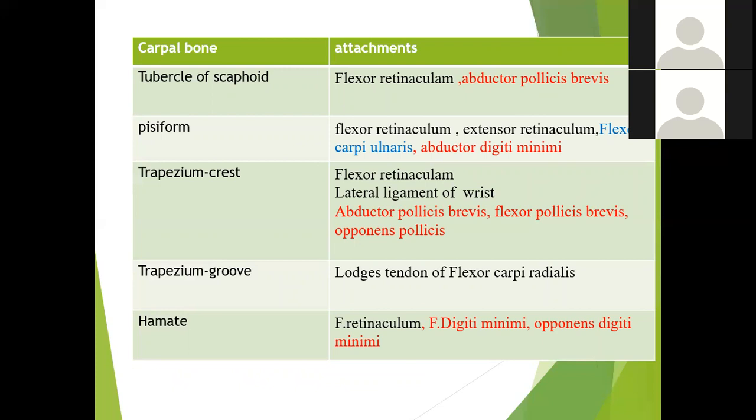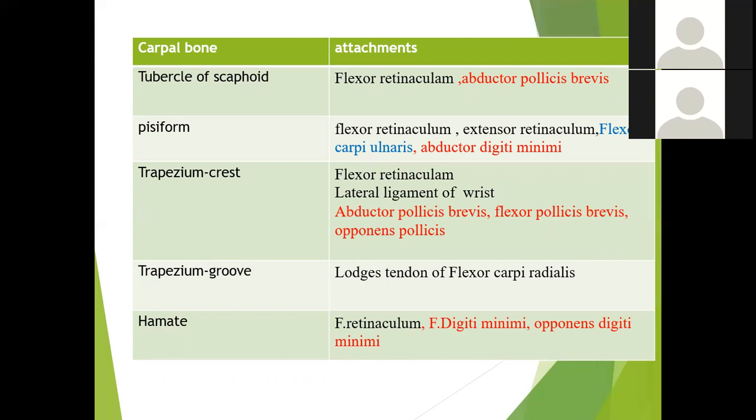Next, pisiform bone. So pisiform bone again gives attachment for flexor retinaculum. The lateral side bone scaphoid gives attachment for flexor retinaculum, and the medial-most bone pisiform also gives attachment for flexor retinaculum. And this pisiform also gives attachment for extensor retinaculum on the dorsal side.